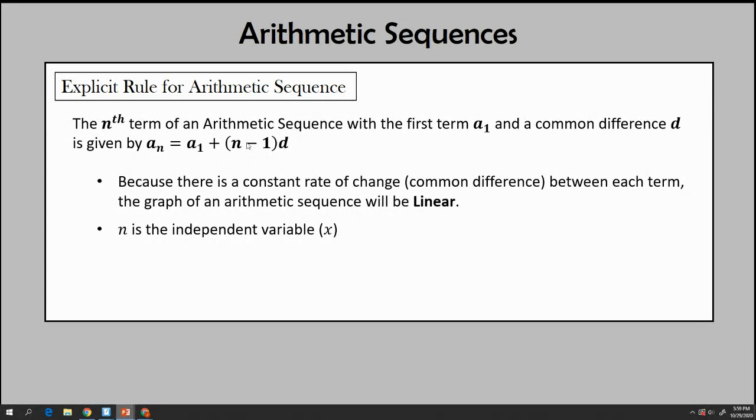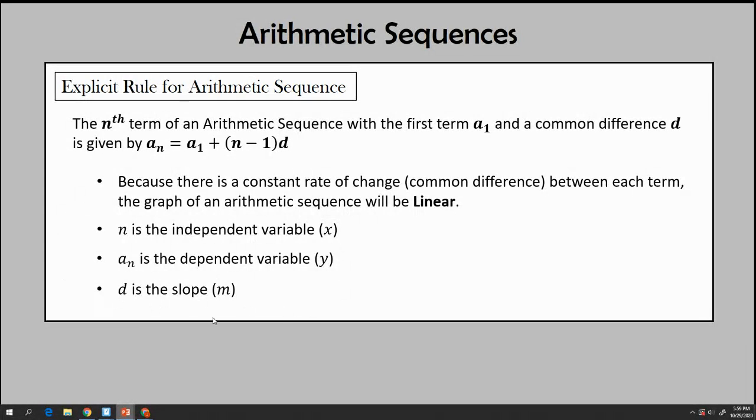That's what we're choosing to put in place of the equation. A sub n is the answer. It's the output. So the a sub n is the answer when I put the first term and whatever number I'm trying to find into the equation. I get an answer of a sub n. That's my output. That's my y. And then d winds up being the slope, the common difference, right? Constant rate of change is a straight line.